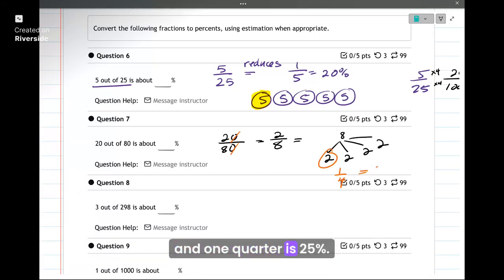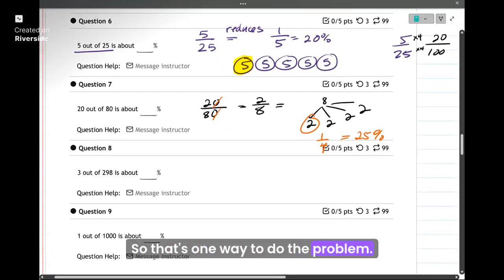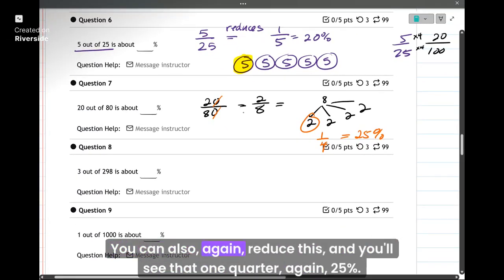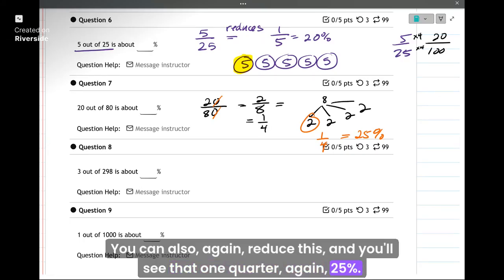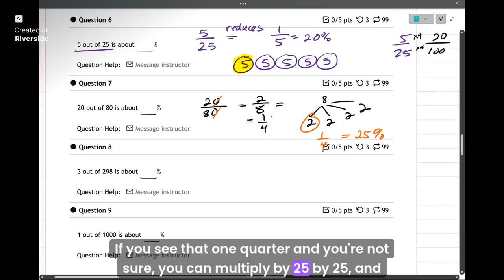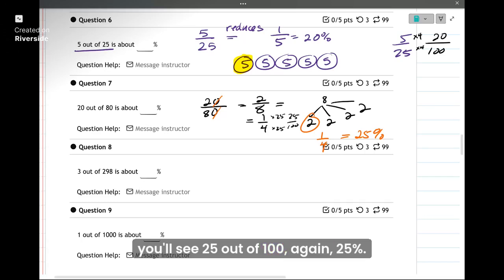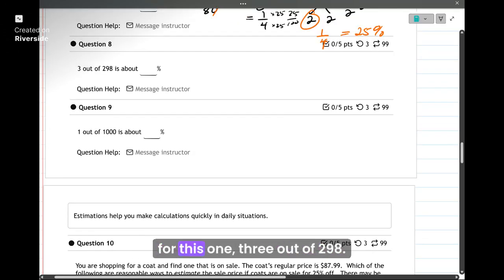And 1/4 is 25%. So that's one way to do the problem. You can also reduce this, and you'll see that 1/4, again, 25%. If you see that 1/4 and you're not sure, you can multiply by 25, and you'll see 25 out of 100, again, 25%.